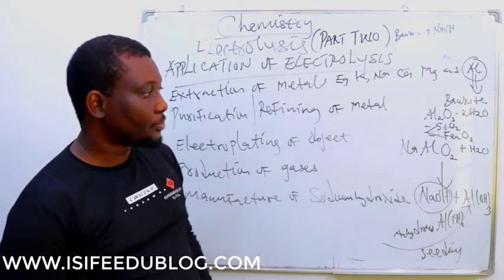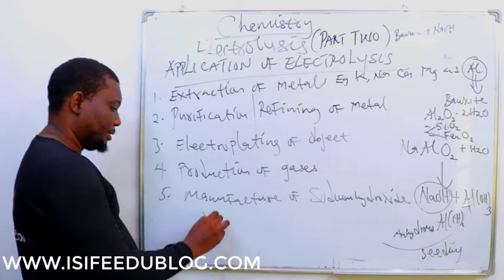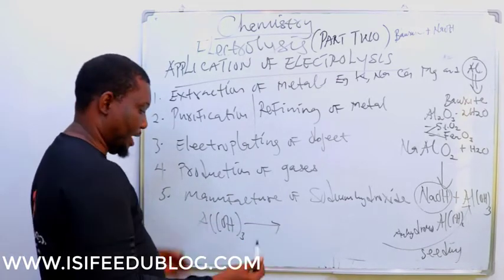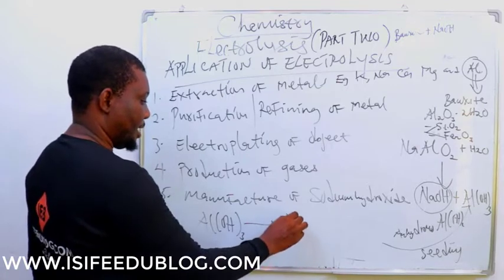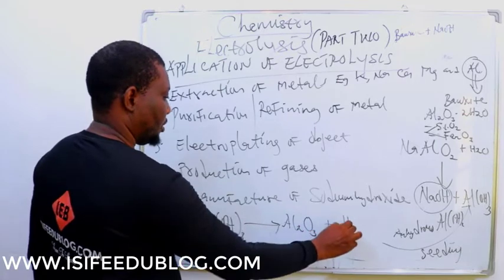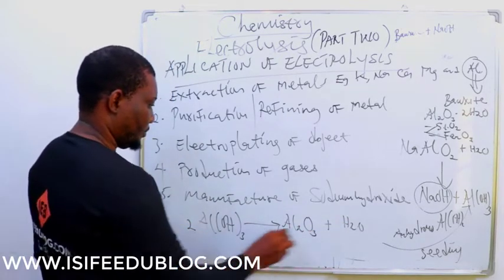Now, if that has happened, what I need is to heat this precipitate to dryness. When I heat it, I'm going to have Al2O3 plus H2O. Okay, that's what I have here.